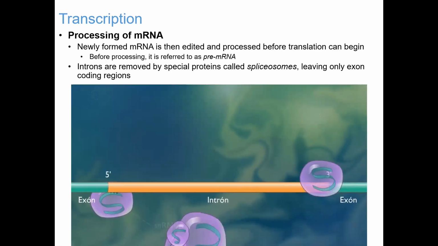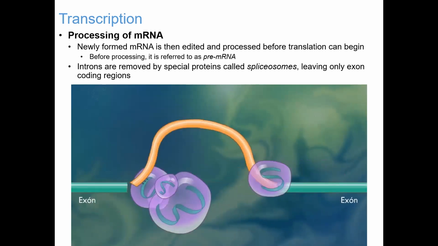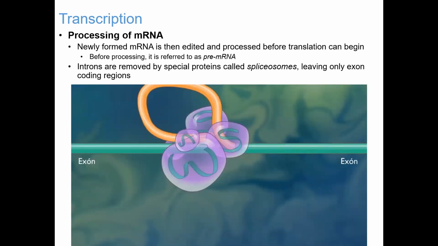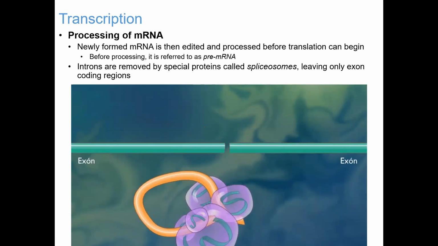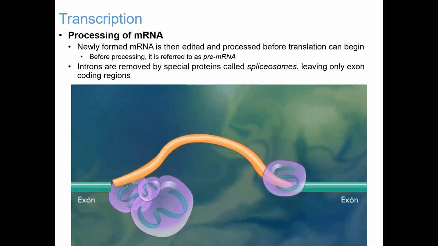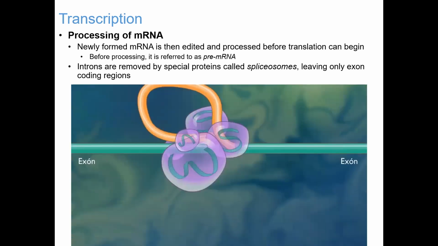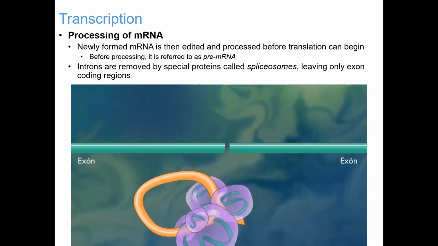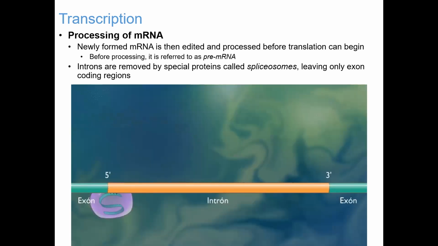Now, the RNA that's made contains coding information and non-coding information. We have to remove the non-coding material. Now, we don't know what that non-coding material is there for.